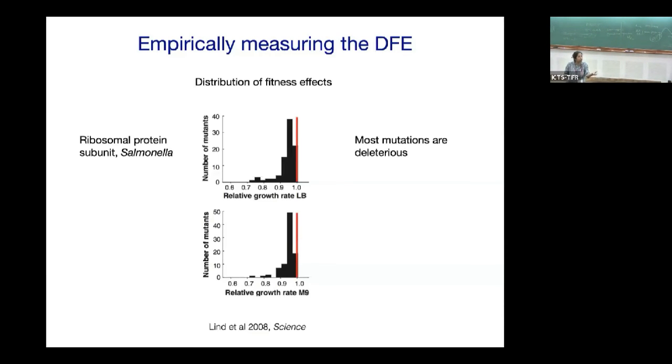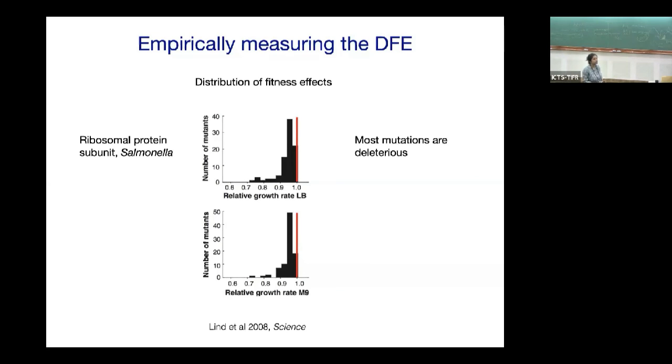So you have a colony growing on some medium X in your agar plate, and there, of course, it's not lethal because it's growing. And then you put it in some other medium, have it grow, and if it doesn't grow, then you know that the mutation is lethal in that environment. Make sense? So that was not done here, so we don't have lethal mutations. But you can see there are a lot of deleterious mutations, and most mutations here are deleterious. And that matches with the idea that people have had that many mutations, by and large, are going to be deleterious.